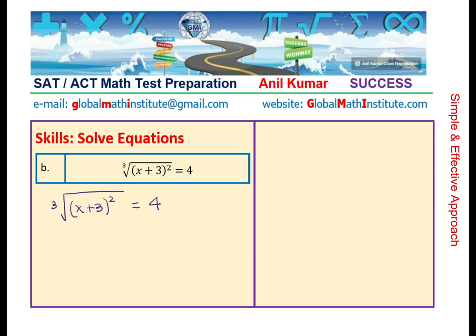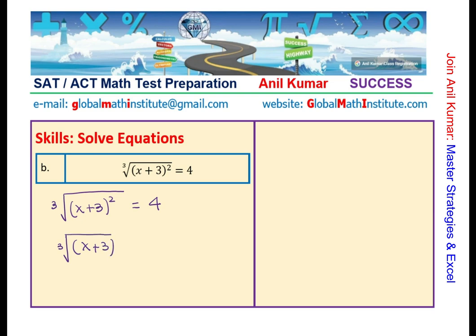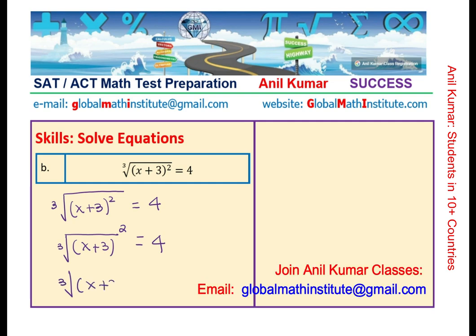So let's treat it like this, that we have cube root of (x plus 3), right? And then we have square of this equals 4. Since we know square root of 4 is 2, let's do square root both sides. So that will give you what? We have cube root of (x plus 3).